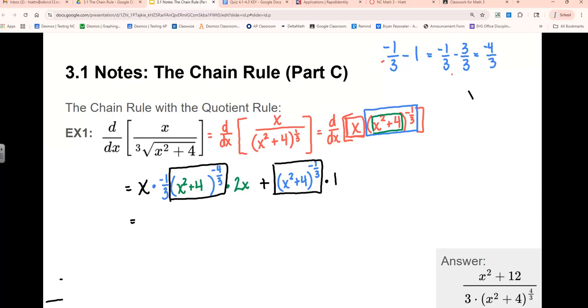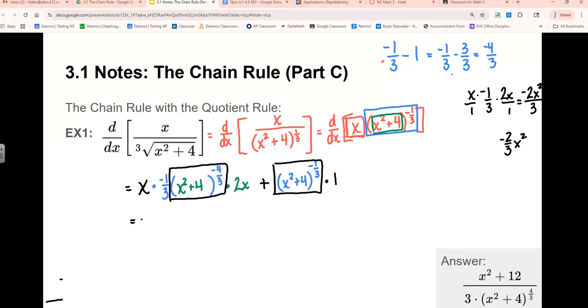So x times negative 1/3 times 2x. It's a good idea to make everything fractions so you can figure out what you're dealing with there. You've got negative 2x squared over 3. Or if you want to write that as negative 2/3 x squared, that is fine too.